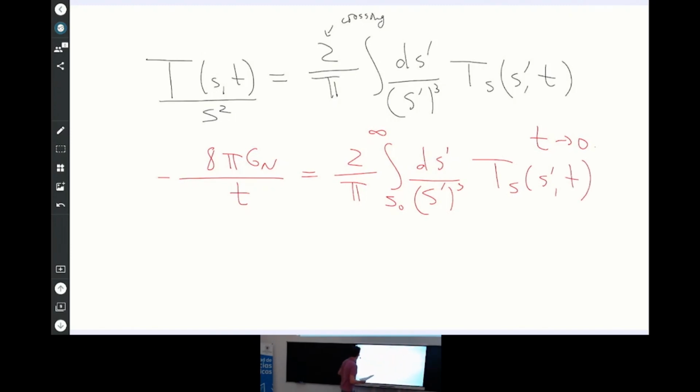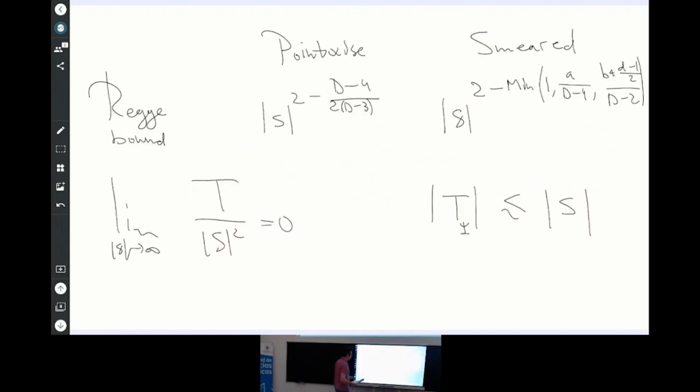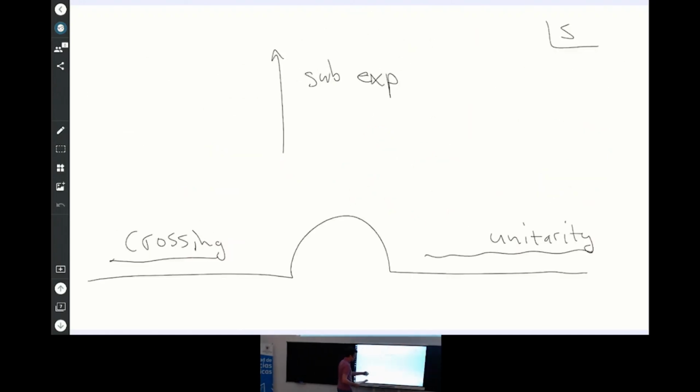So now this is a precise formula with all the factors, which just follows from twice subtracted dispersion relation in gravity when we take t to 0. And in principle, you see there is S naught, which means that I can chop it at some S naught here, or there will be some cuts, but none of these cuts have a pole.